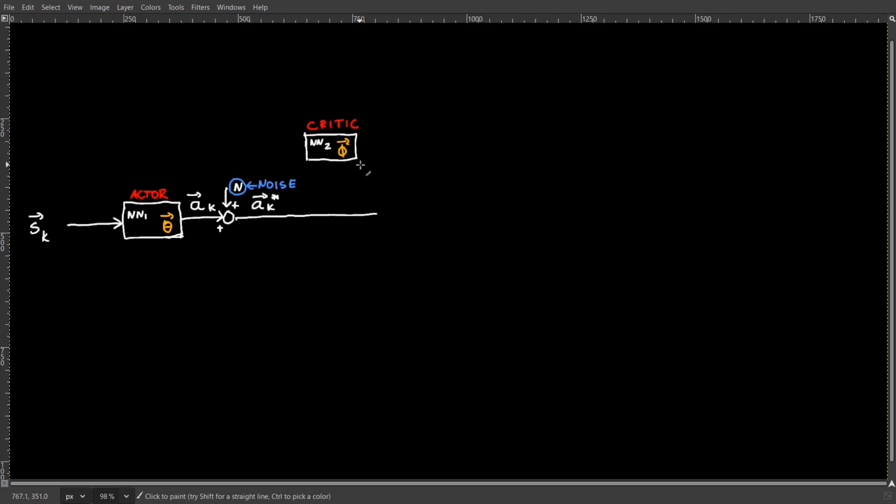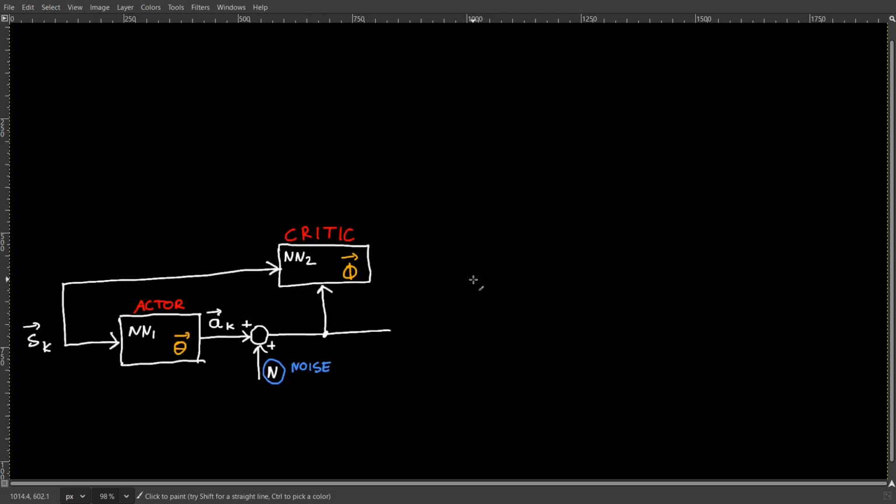We then have the critic network that takes in this noisy action vector, and it also takes in the state vector. So far, everything is the same, except that now we've added the noise to the action vector, which we denoted with A star.